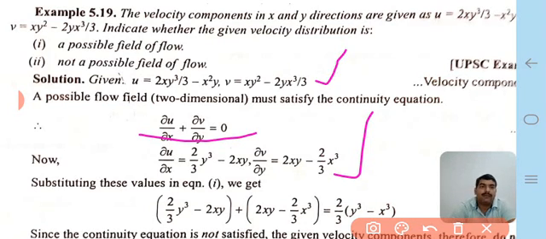Putting all the values in the two-dimensional continuity equation, the continuity equation is not satisfied, therefore the given velocity components do not represent a possible flow field.